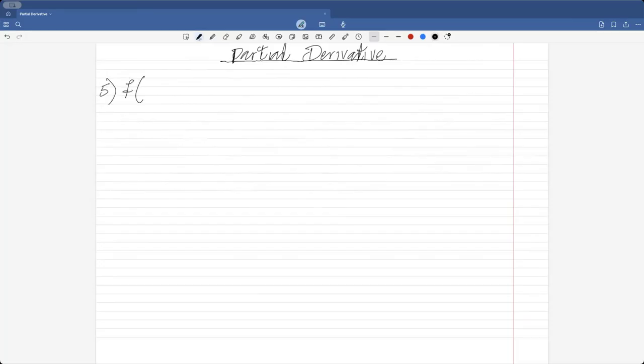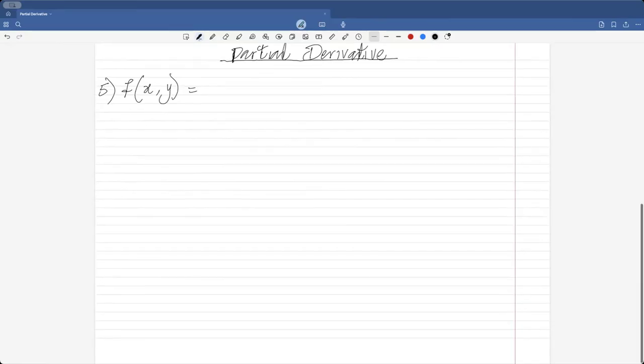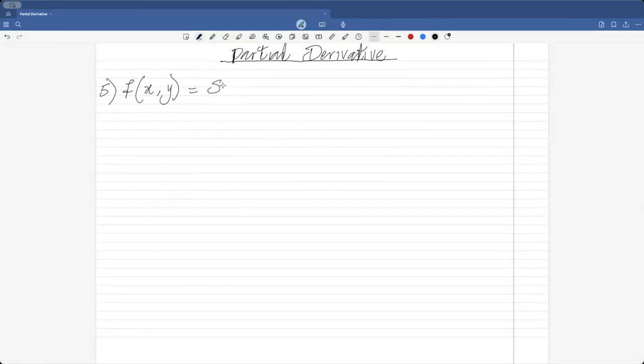Let's say we have a function f(x, y) equals the sine of x plus 2xy plus y.